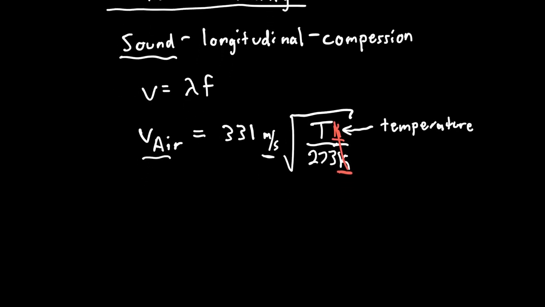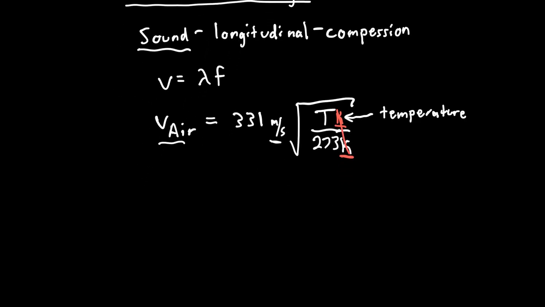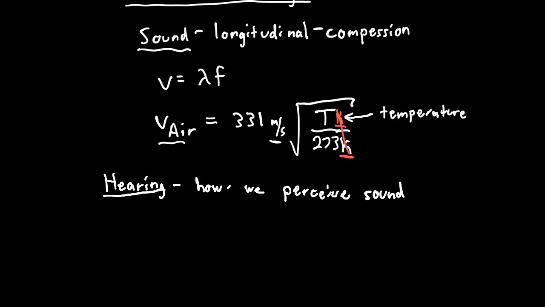So, a little bit more about sound. We have biologically evolved to be able to hear sound, and this concept of hearing is actually how we perceive sound. And humans have a very specific set of frequencies that we can actually hear.